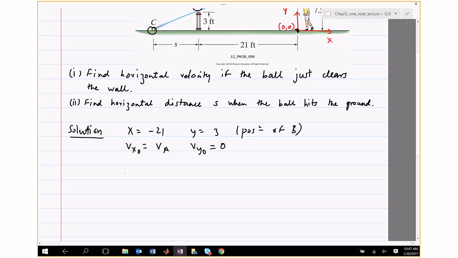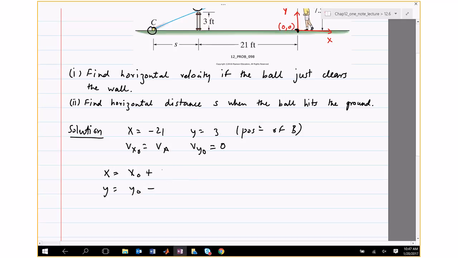Okay, so x equals x0 plus VA t, and y equals y0 minus, let me just write down the formula instead of skipping a step.